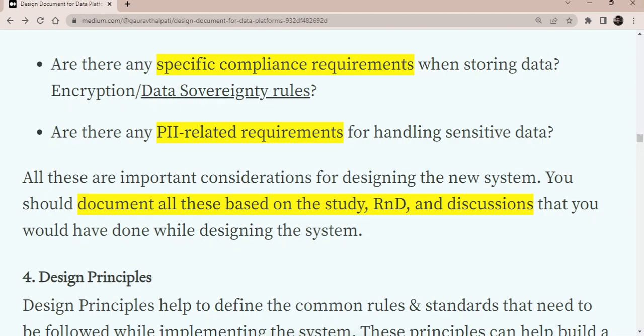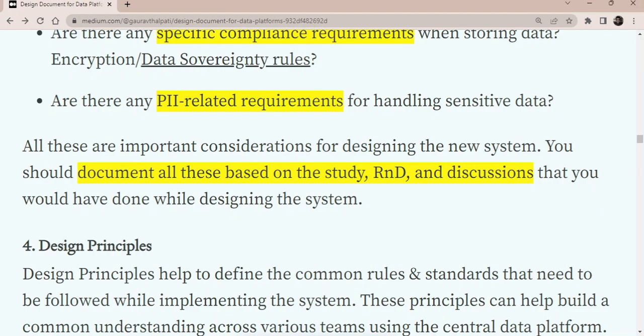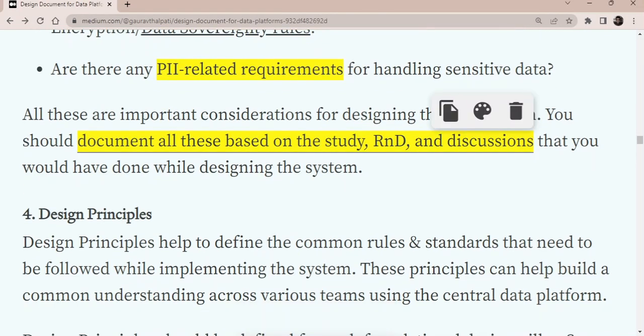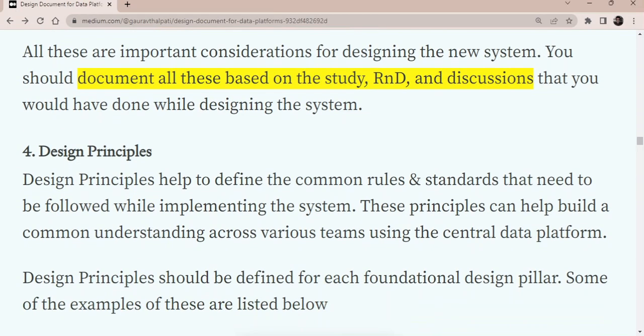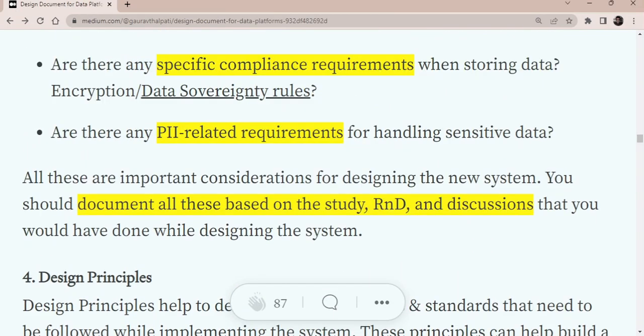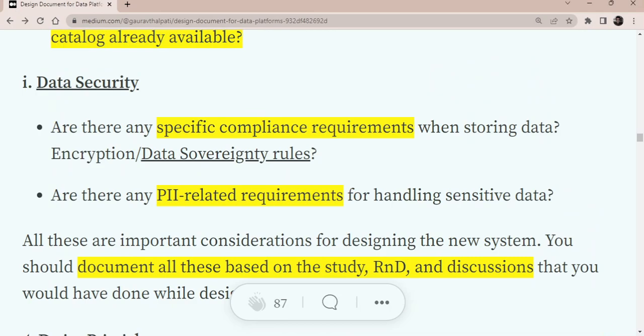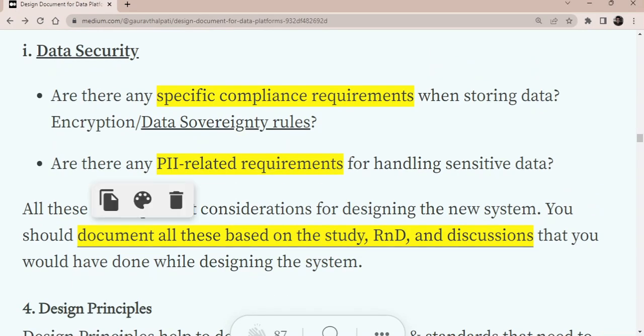A case in point is whether you are masking your data when you are writing it, when you're accessing it, or when you're handling PII data, or for GDPR, the right to be forgotten. Do you have the design in place, or do you have the tools in place that can delete the data that you need? So that was the final point, data security, in this design consideration section.